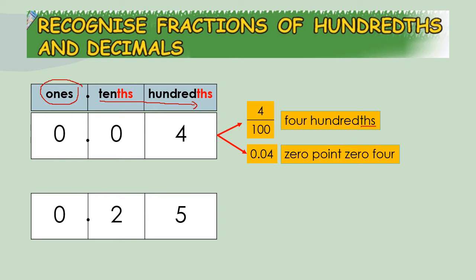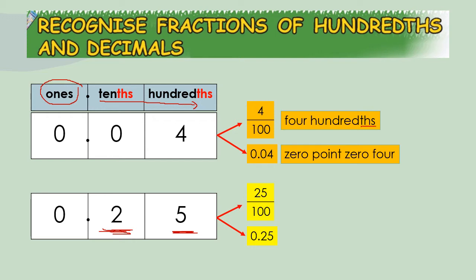Okay, look at the second one, 0.25. This 2 is in the tenths place. This one is 5. This 2 is 20 hundredths. This 5 is 5 hundredths. So in fraction, it is 25 over 100. In decimal, it is 0.25.